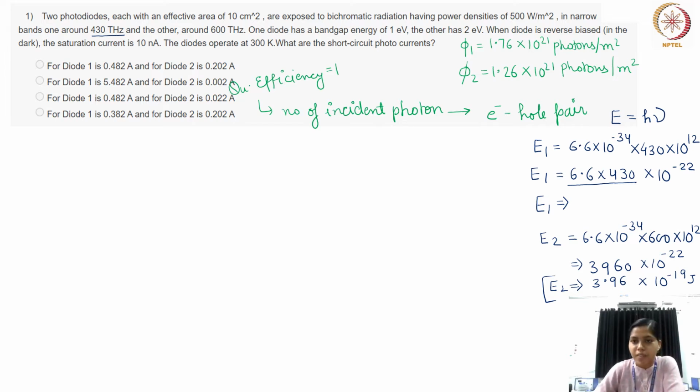Okay, so see, it will give you 10 raised to the power minus, if I am saying in this.